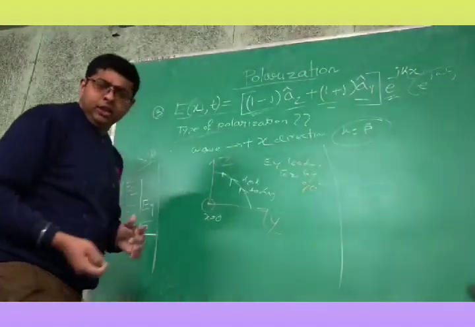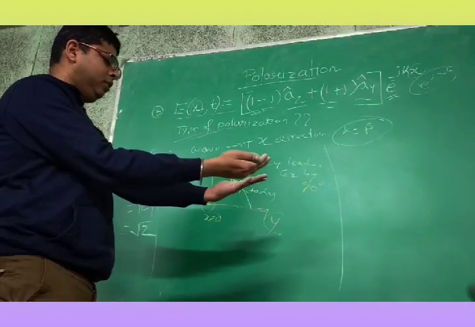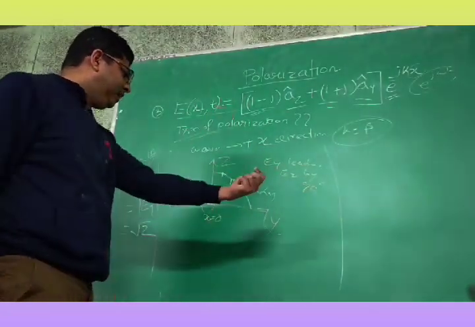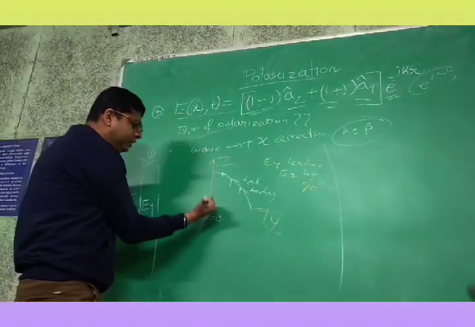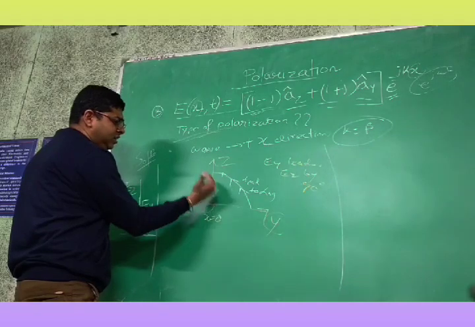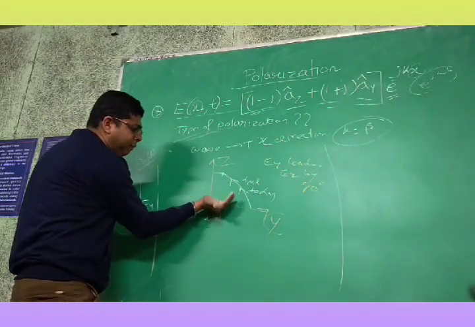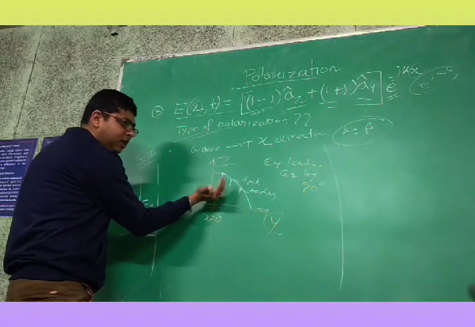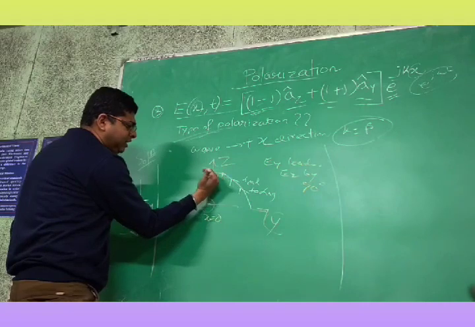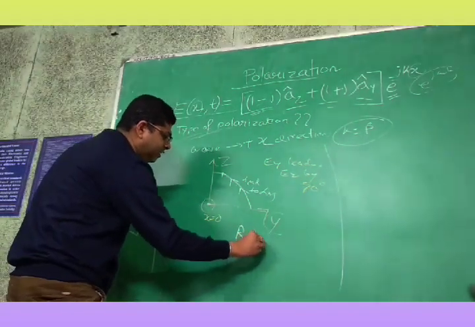Now let us see whether it is right-handed or left-handed. Again, we consider two hands: this is my right hand, this is my left hand. Here is the direction of propagation of the wave, plus X. Now if I rotate my right hand, is this rotation mapping with the figure? Yes, it is mapping. It is the anti-clockwise direction, so this is right-handed.